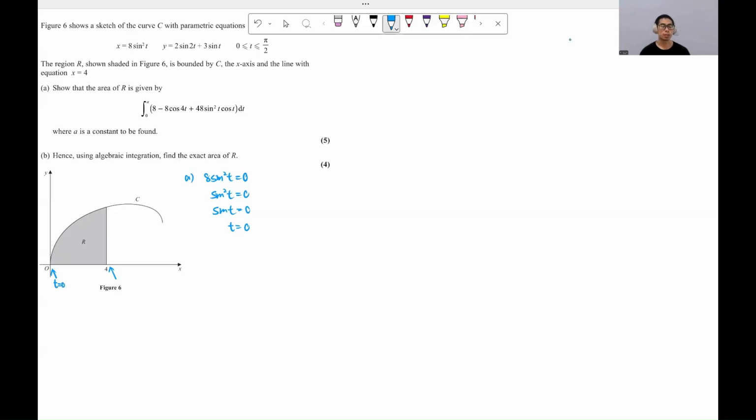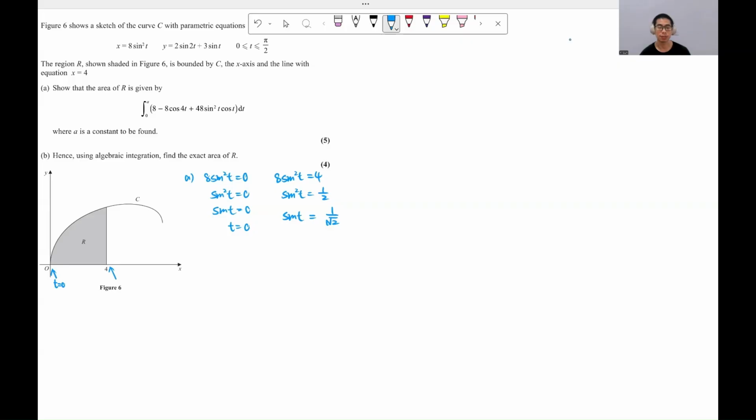And then for the second one, that's when x equals 4. So we let 8 sine squared t equal 4. That means sine squared t is equal to 1 over 2. Then square root it, so sine t equals 1 over root 2, positive, because t is between 0 and pi over 2, in the first quadrant, so sine, cos, and tan are all positive.